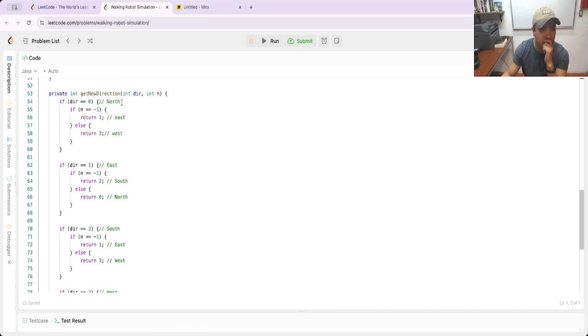Because when I am looking north, the right one is east and the other way is west. Okay, when I am looking west the right is north. Yeah, this is wrong. Is north.